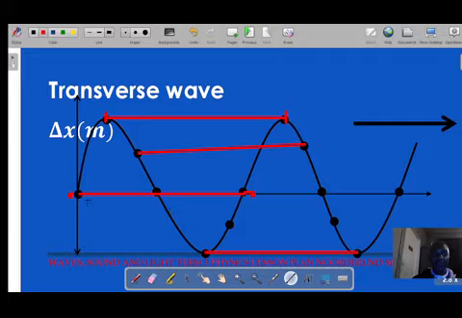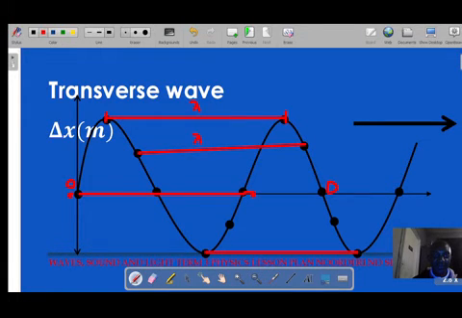So the points which form one wavelength, we say they're in phase. And if they are more or less than that, we say they're out of phase. If this is point O and this is point D, the points O and D are out of phase because they form more than one wavelength.